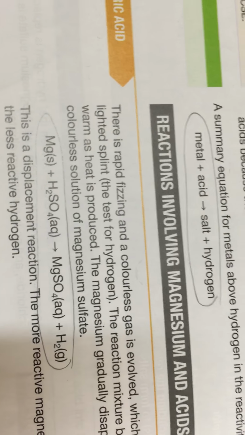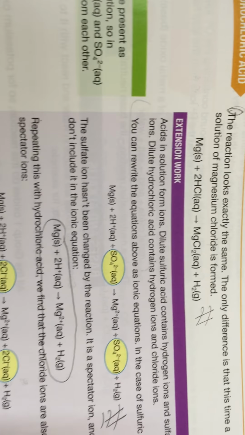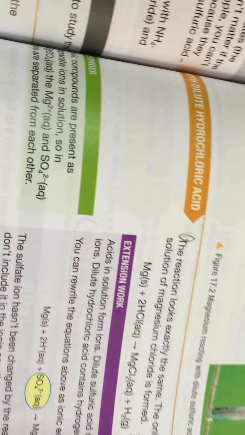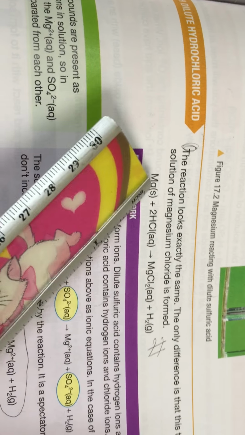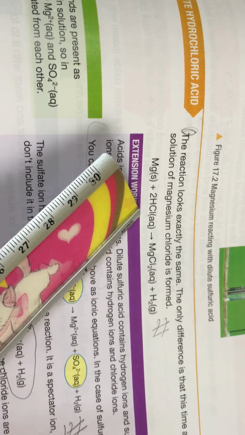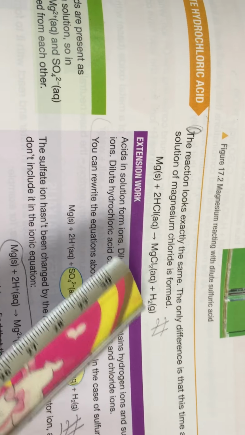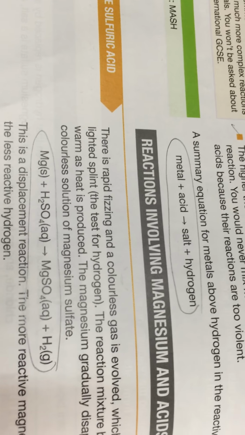Clear? To change this equation into an ionic equation is easy. Here is another reaction between metal and acid, the same metal, magnesium, and hydrochloric acid. It will produce the salt of the acid, which is chloride, and release hydrogen.